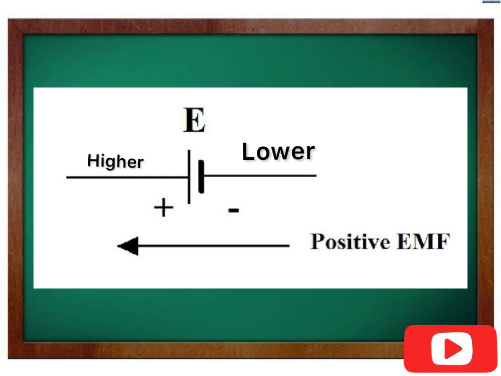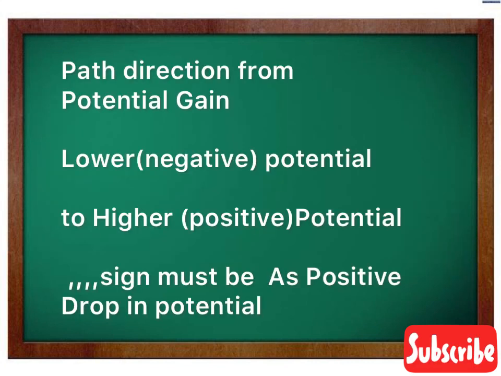In your diagram, potential is going from negative to positive. How will you decide whether it is going from negative to positive or positive to negative? It is totally up to you by selecting clockwise or anti-clockwise. So if the potential direction is negative to positive, that means lower to higher, definitely there is a gain in potential.